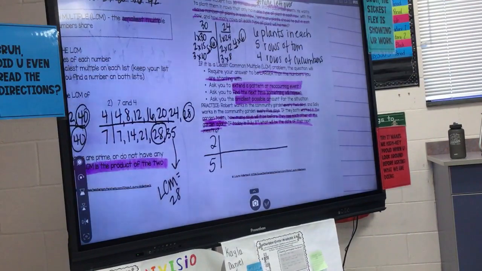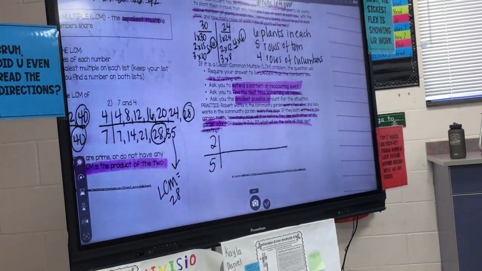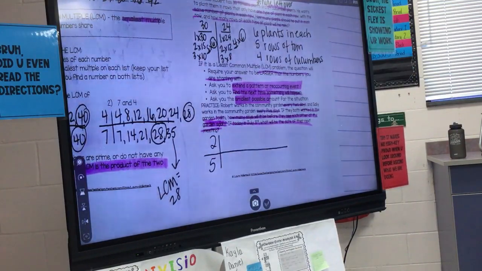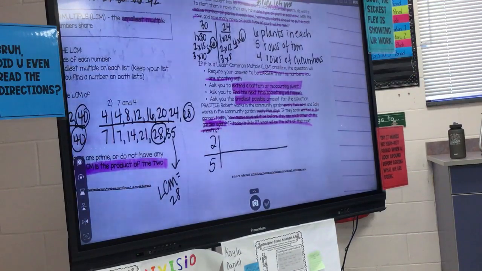All right, let's go ahead and go over this. So you're finding the LCM and you're using the numbers 2 and 5. Why are we using the numbers 2 and 5? Ethan? Because that's what the text provided. Okay, so that's what it provides. This question is asking you two things. First thing you have to do is find what? Summer.